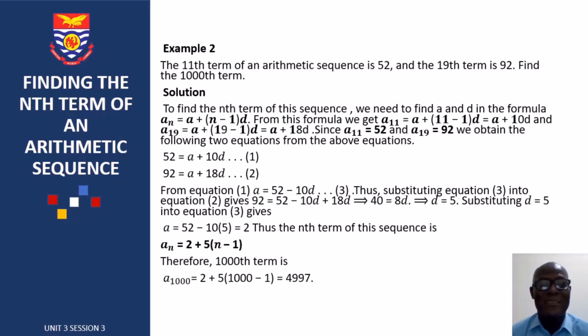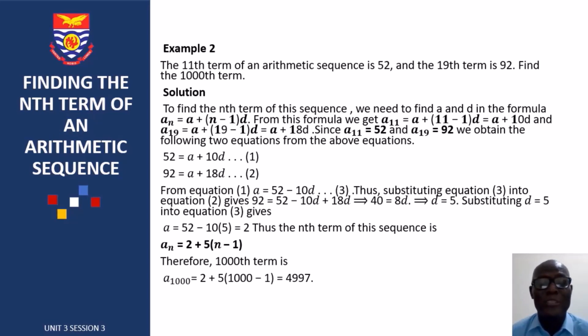So A subscript 1000 is equal to 2 plus 5 (1000 minus 1), which gives 4,997.